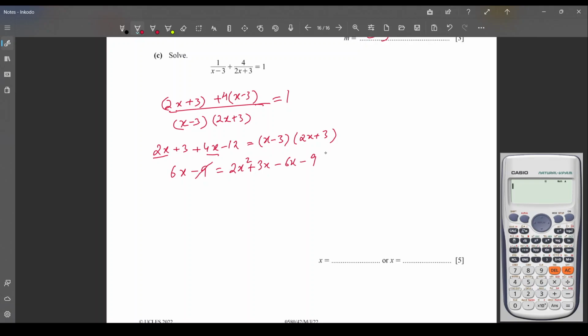So this minus 9 and minus 9 can be cancelled out, so on the right side we are left with 2x square plus 3x minus 6x, then again we have minus 6x on the other side.